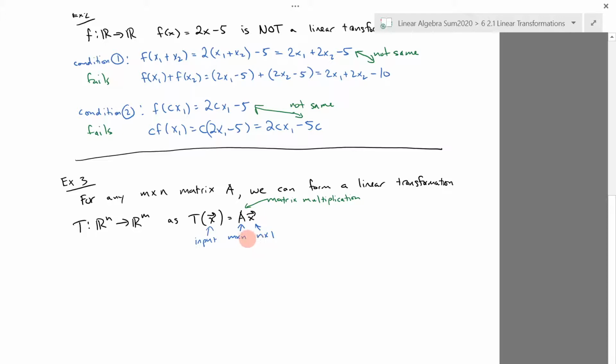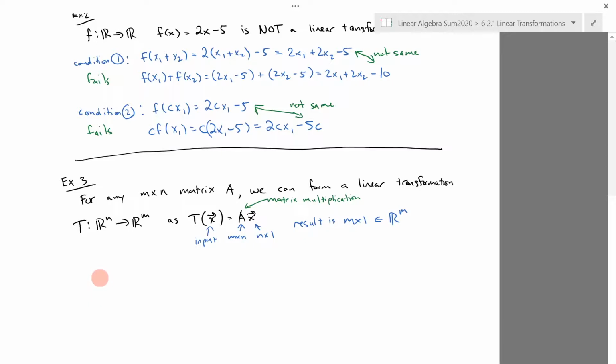Because these numbers match up, the result is an m by 1 vector, which means it's in Rm.